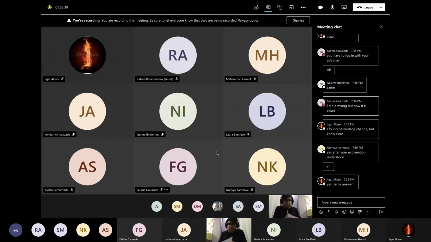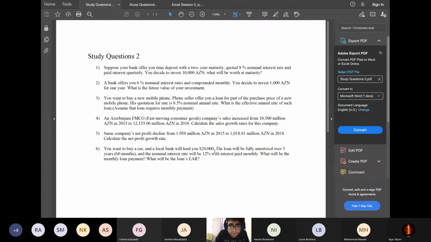Okay, I think there is no question. Also, what will be the loan's effective annual rate? The nominal interest rate is 12%. We just calculated the effective annual rate recently, so let's calculate it for 12%. If it is paid monthly, EAR is equal to (1 + 0.12/12) to the power of 12, minus 1.